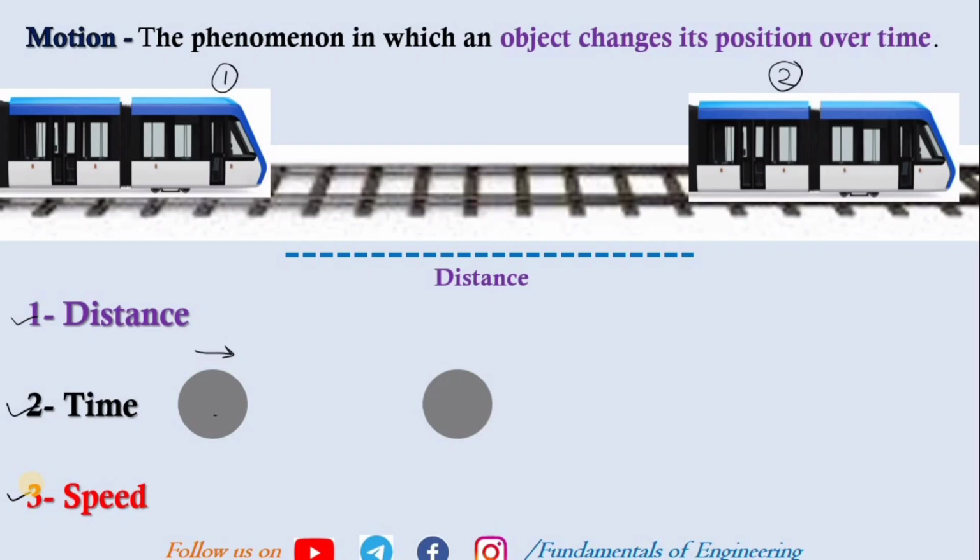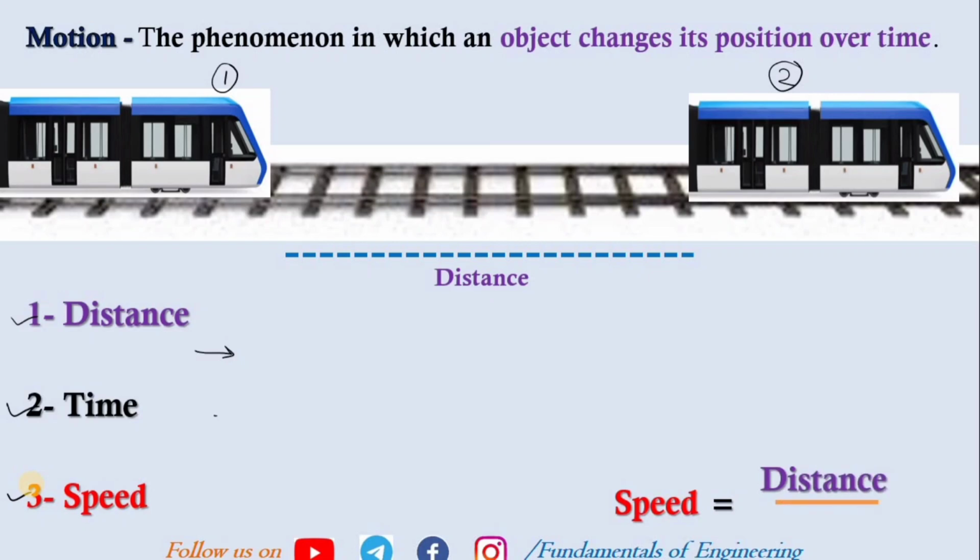So what is the relation between time, speed and distance? As we know, speed is given by the distance traveled with respect to time. When we know the speed and distance, we can calculate the time, which is given as the distance traveled by any object with a certain speed.